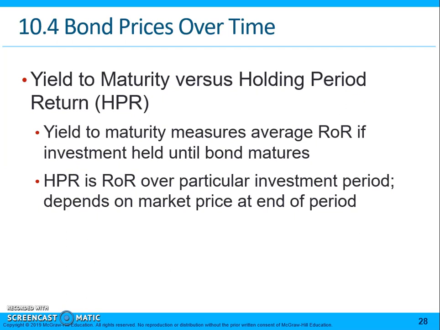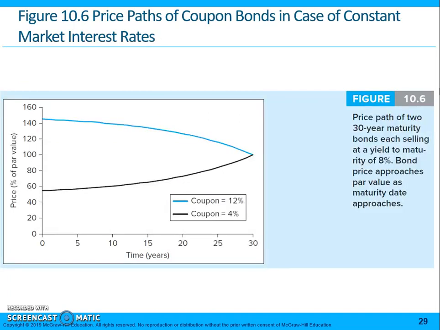It depends on the market price at the end of the period. So we're going to take into account the income we received, the price we paid for it, and the price we sold it for. That's the same formula we've seen before. So it would be any coupon payments received plus what we sold it for minus what we paid for it, divided by what we paid for it.